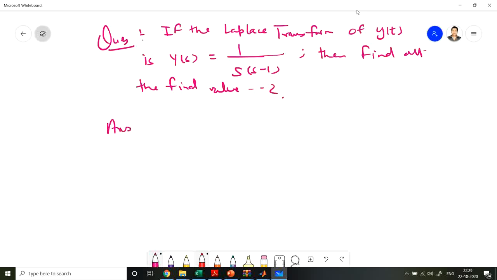So let us discuss this problem. This is a very interesting problem. Why is it very interesting? I will show you, and it is very informative also. So let us solve this problem.